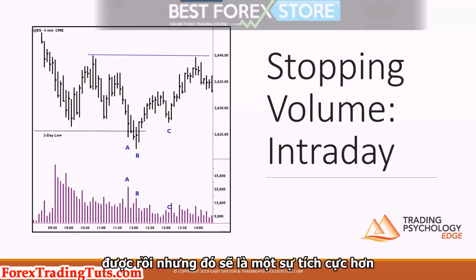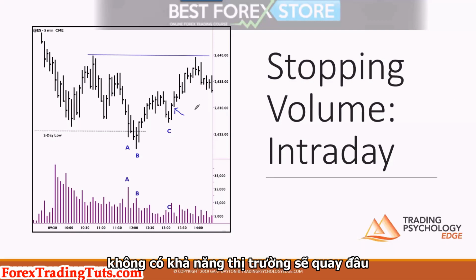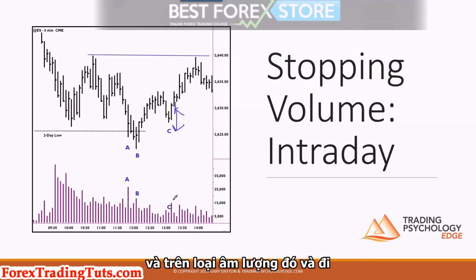Okay, but that would be a more aggressive play. This is a much better play right here, much safer play. It's unlikely the market's going to turn right around and on that kind of volume and go back at you. It's possible, but not likely.